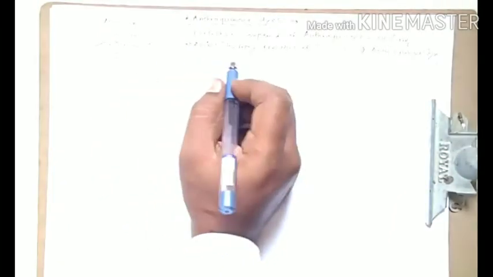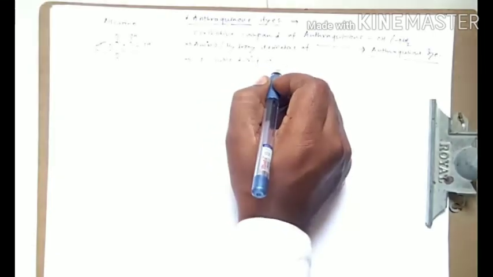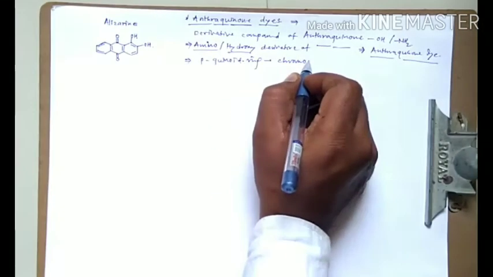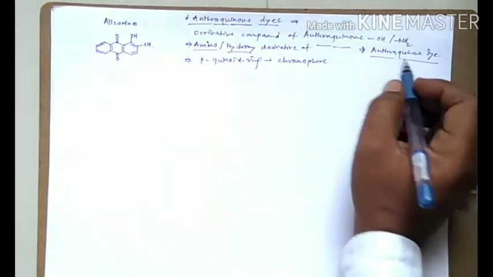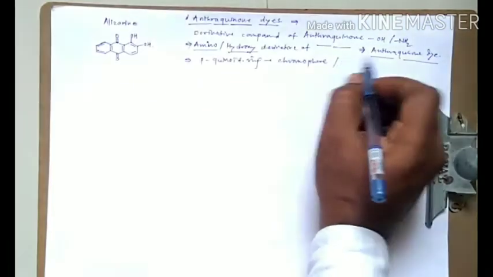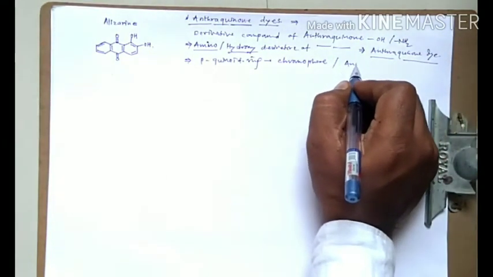And in this dye, what you can see here is a paraquinoid ring. This dye contains the paraquinoid ring as a chromophore. And as I am telling you, amino or hydroxy derivative, that means amino or hydroxy group acts as an auxochrome.